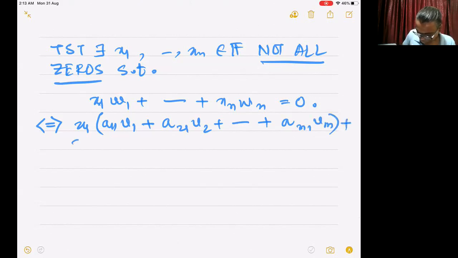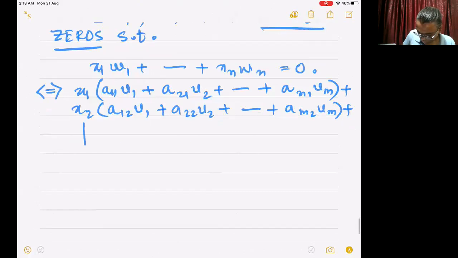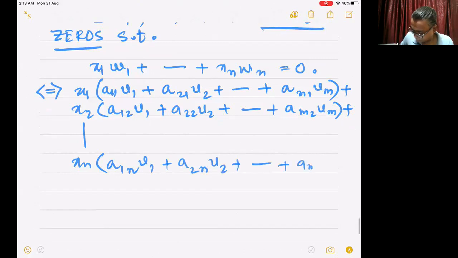Plus x2 into a12 v1 plus a22 v2 plus dot dot dot plus am2 vm, plus dot dot dot xn into a1n v1 plus a2n v2 plus dot dot dot up to amn vm. This ought to be equal to 0. I have just substituted for w1 up to wn the linear combinations that I have for w1 up to wn in terms of v1 up to vm.